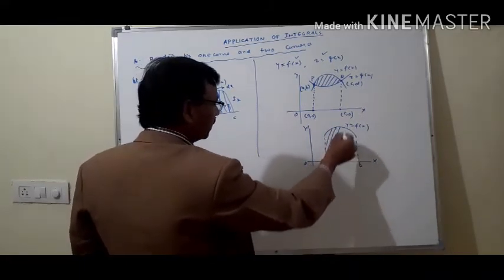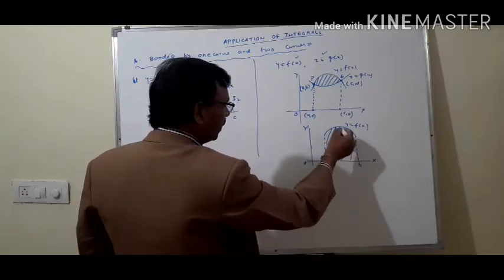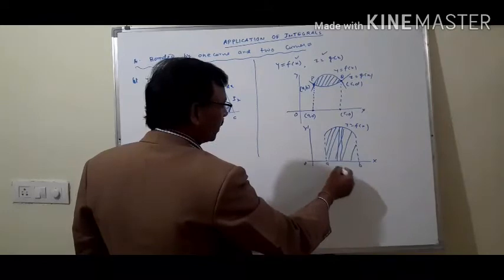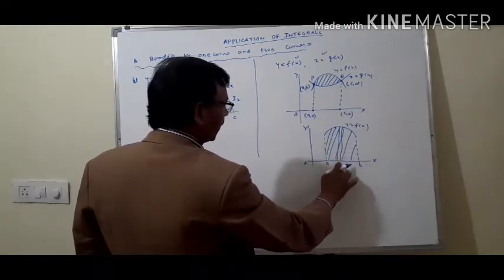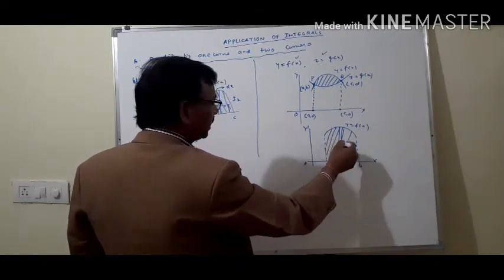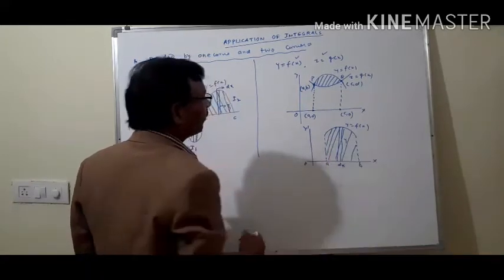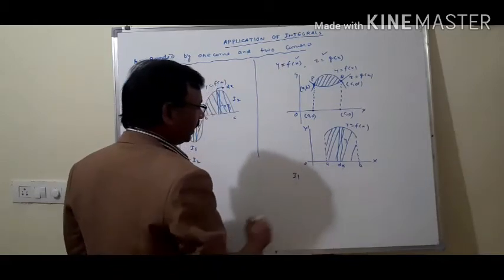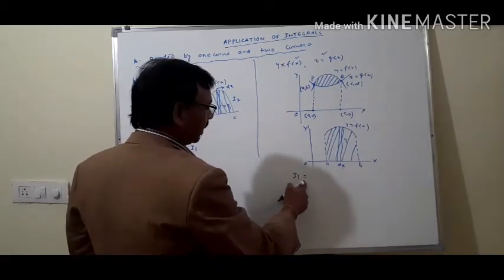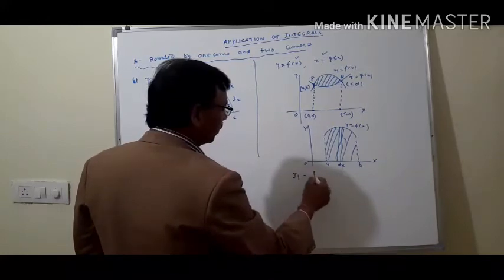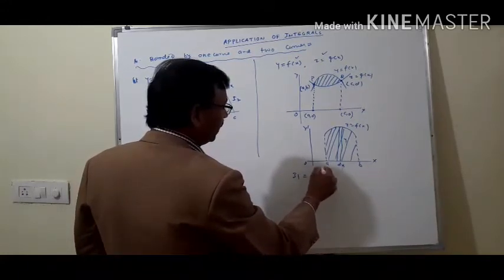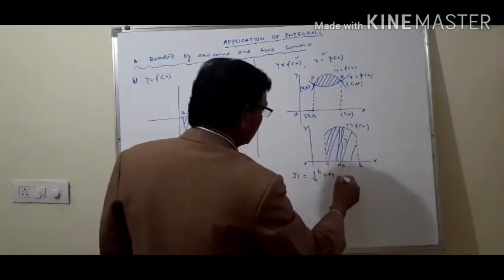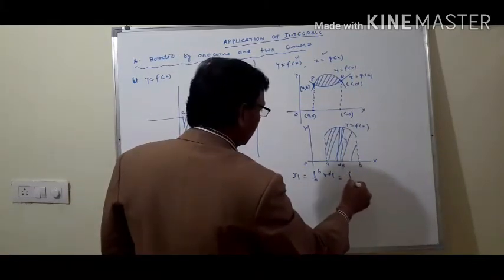If this is the small strip, dx is the width of this strip and this is y. So the area, denoted by I1, will be I1 equal to the integration from a to b of y into dx. Since y equal to f of x, this will be from a to b.